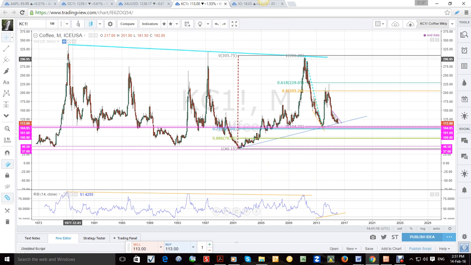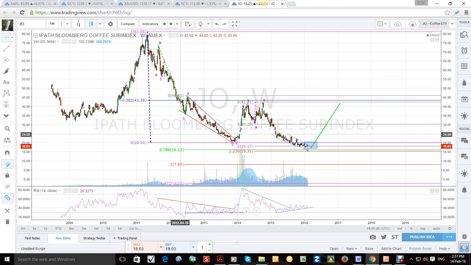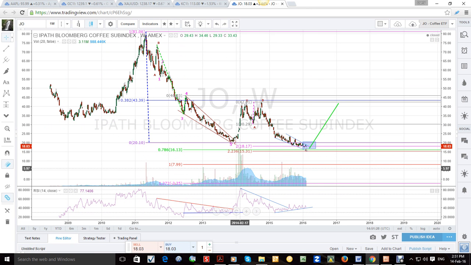Based on this chart, you can see the higher levels where coffee has often spiked, and a secondary level where previously minor spikes have been made, and an area where it has done a rally from. So we can be in a good area for planning for that particular trade.